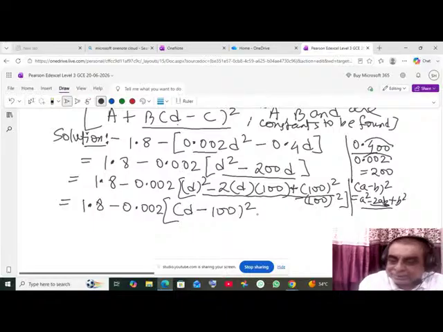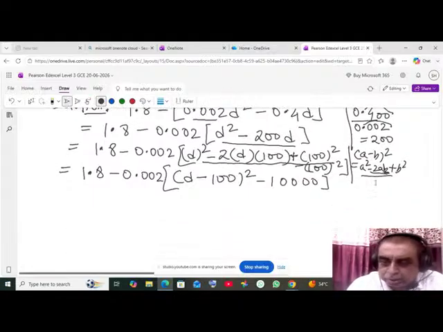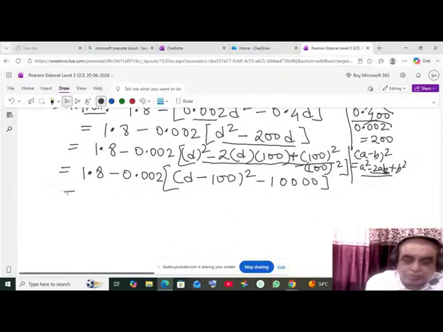And here it is minus 100 whole squared. When we square 100, you write 1, and since 100 has 2 zeros, on squaring you will get 4 zeros. Now we simplify it further.